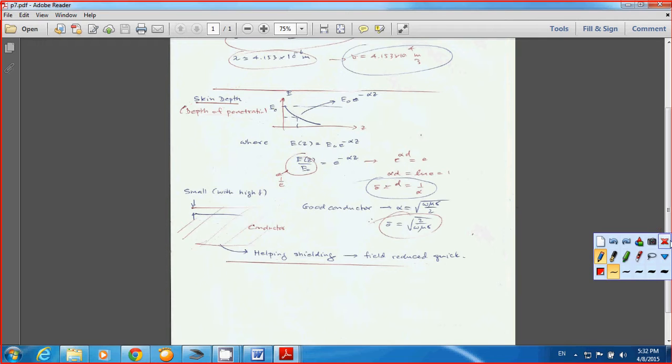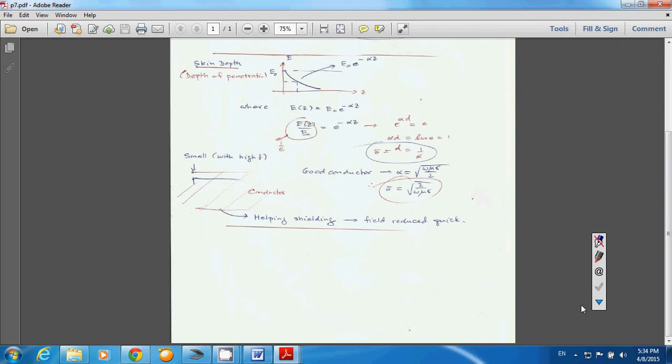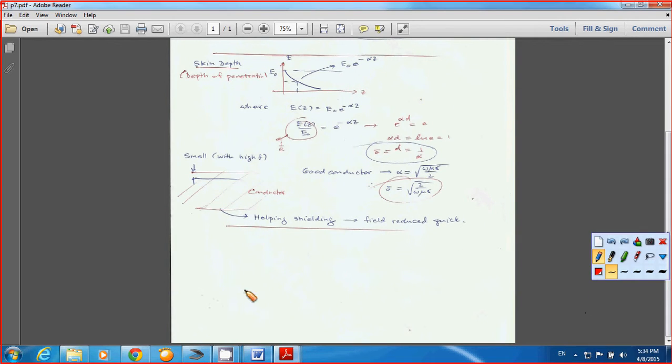Well, for the next YouTube, I'll probably be talking about the incident wave. When you have two media, 1 and 2, with different media properties, that means in terms of mu and epsilon and sigma, I will explain when you have an incident electromagnetic wave, which has the electric field and the magnetic field components, it's going to reflect back.